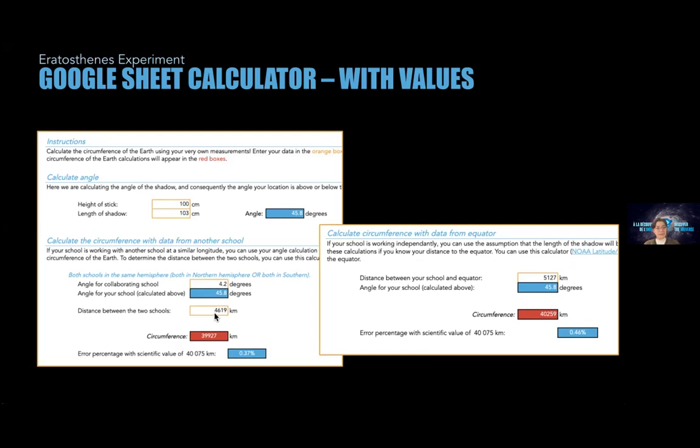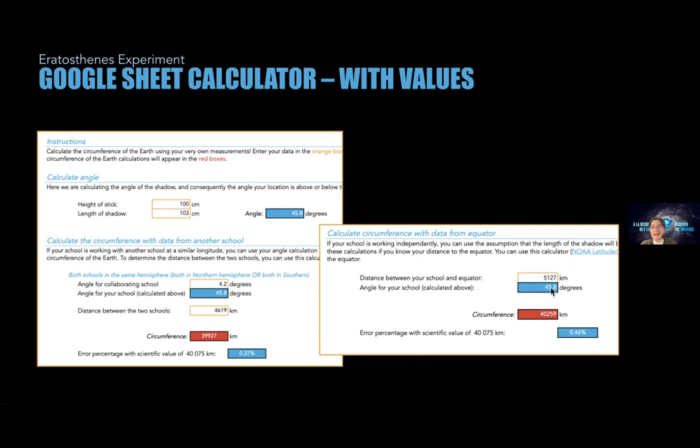If she hadn't collaborated with another school and she just wanted to do this calculation without another value from another school, so assuming she's taking that 0 degrees from the equator, she inputted her distance between herself and the equator. So that was 5,127 kilometers.